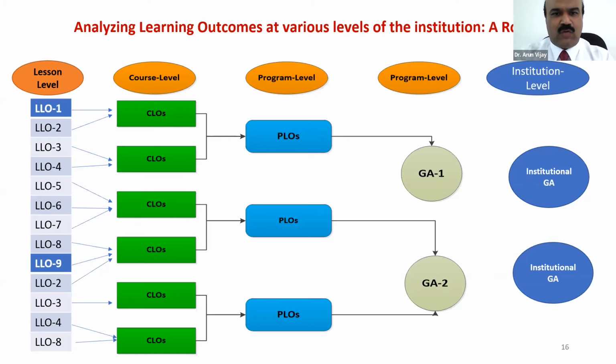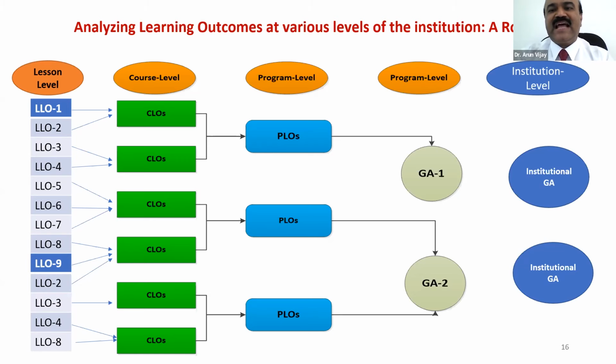Once we get the CLOs, there is a mapping matrix I already explained. There should be a mapping of CLO with the PLO. Once we get the CLO, we arithmetically calculate the CLO to get the PLO. Once the program learning outcomes, that is the PLOs, are assessed, we combine together all the program learning outcomes.